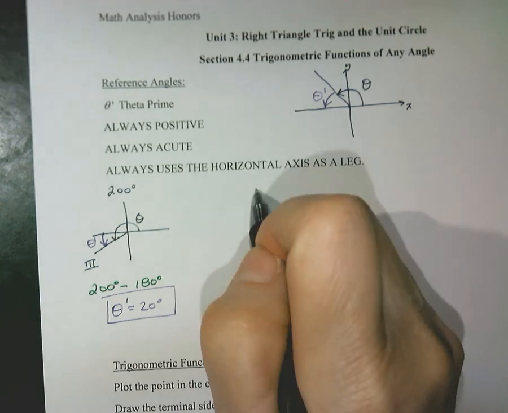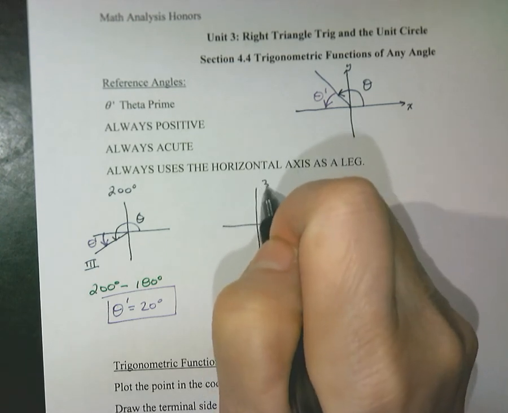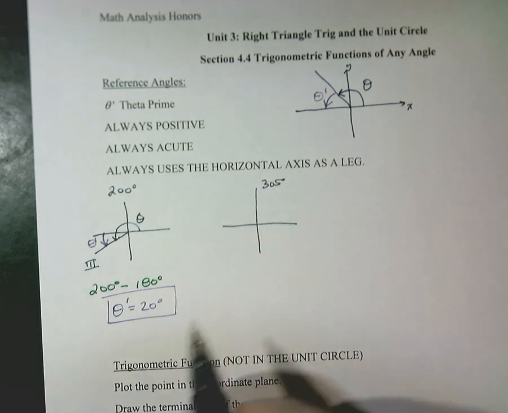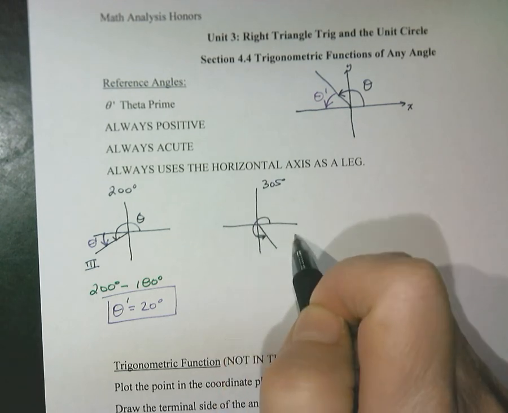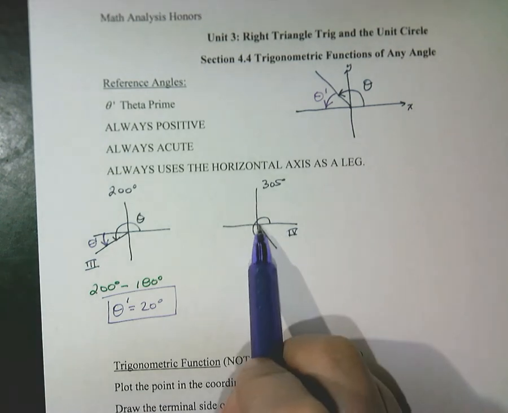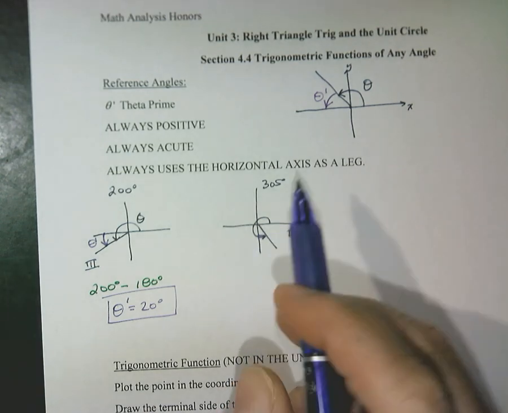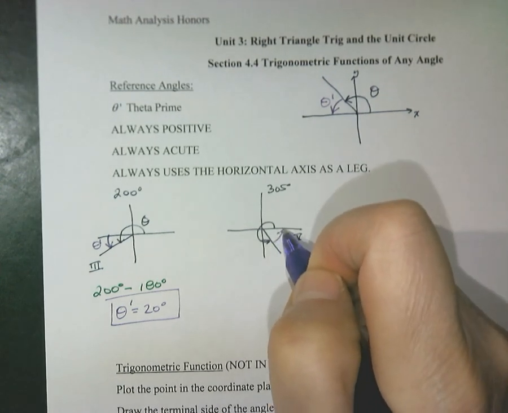I'll give you another example. Let's make this one 305 degrees. 305 degrees is going to be somewhere here in the 4th quadrant. Now I want to get to the x-axis. The closest x-axis is the positive x-axis, but the angle has to go in the positive direction, so it's going to go in this direction.